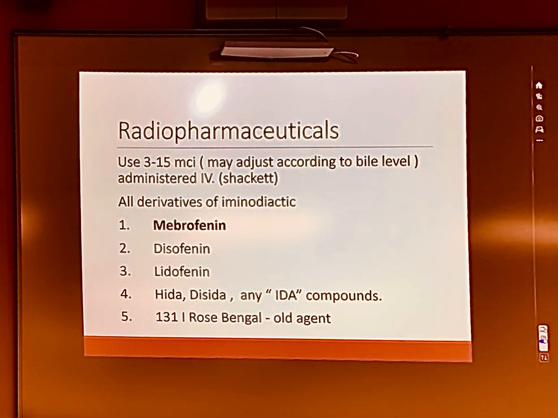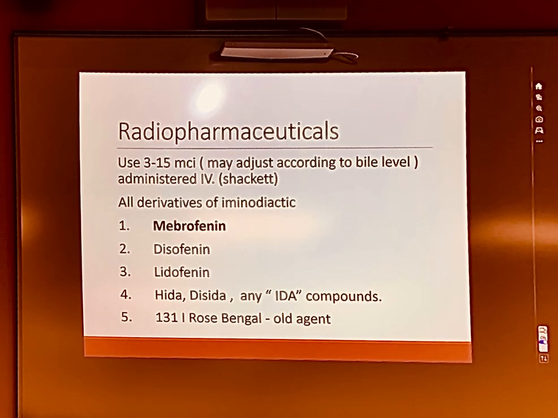But the most common one that you are going to see is called mebrofenin. Mebrofenin is the most common agent given for hepatobiliary scintigraphy. Okay. Mebrofenin is commercially called Choletec. Just like every drug on the market, it's got a brand name and a chemical name, right? Mebrofenin is Choletec. That's the most common one.